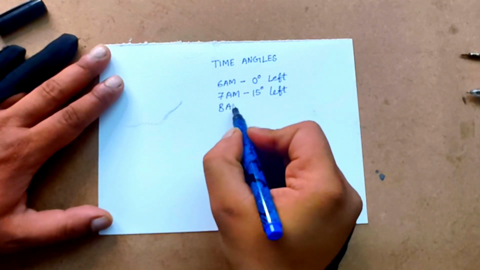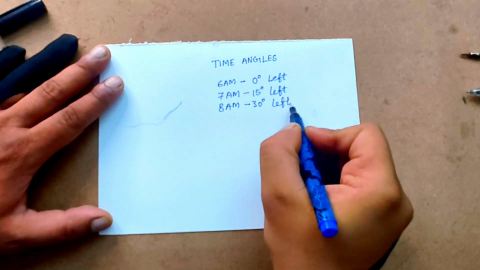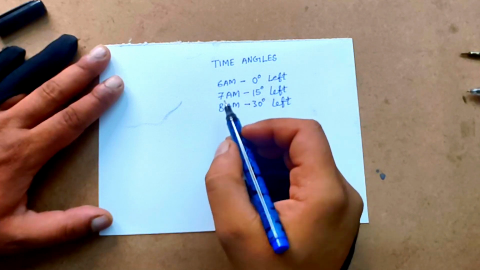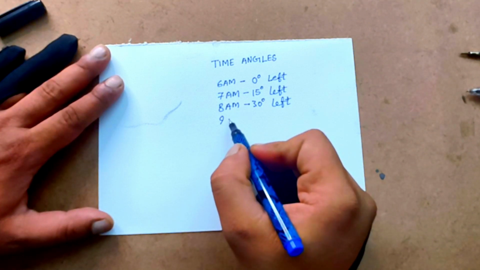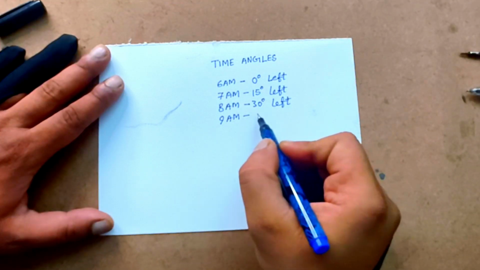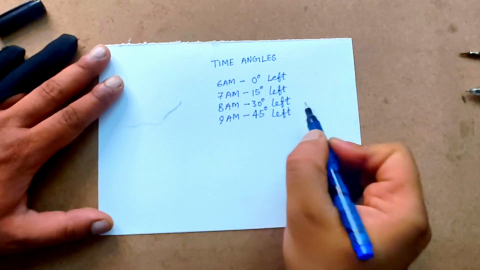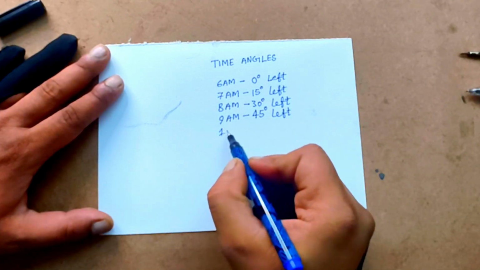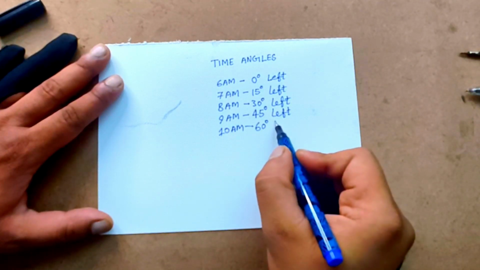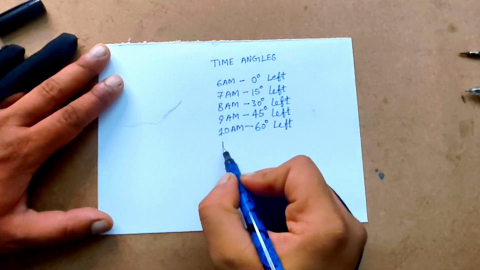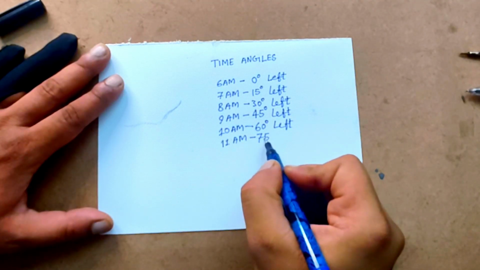For 8 a.m. we use 30 degrees left, because the left hand side is the part of AM to show the shadow when the time is before noon. For 9 a.m., the angle will be 45 degrees left hand side. For 10 a.m. it's going to be 60 degrees left. For 11 a.m. it's going to be 75 degrees left.